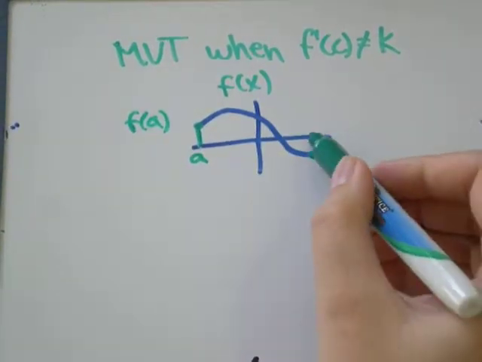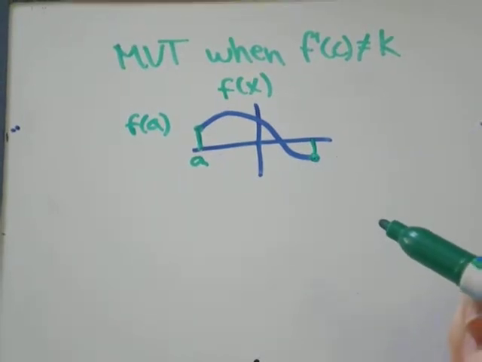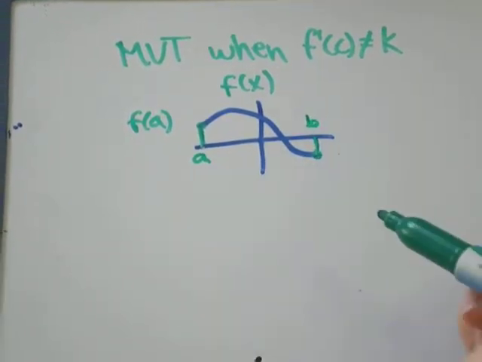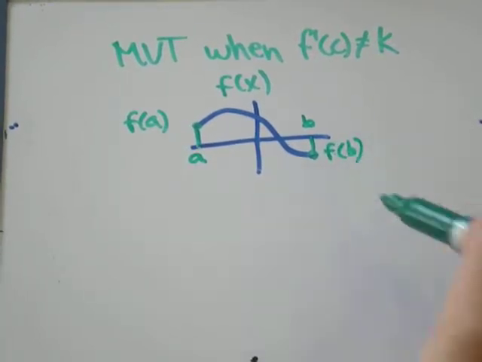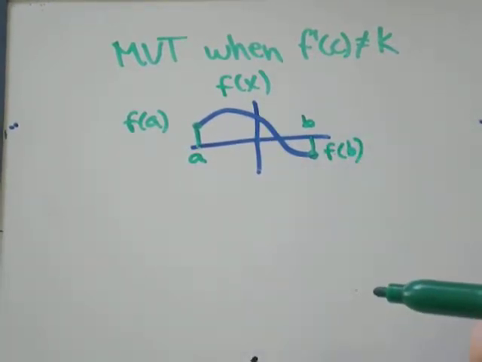It also has an endpoint. We'll call the x value of that endpoint b, and the y value of that endpoint will be f of b. Okay, so let's think about what the mean value theorem tells us.